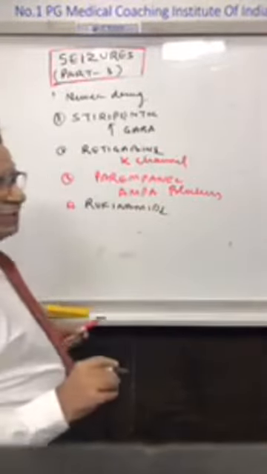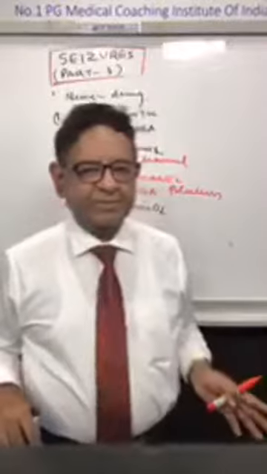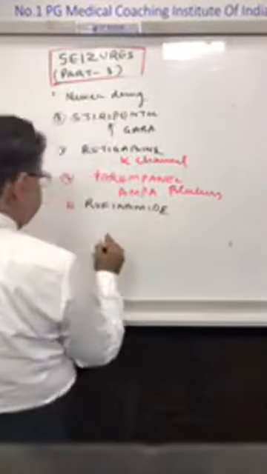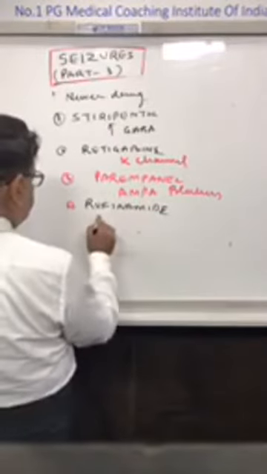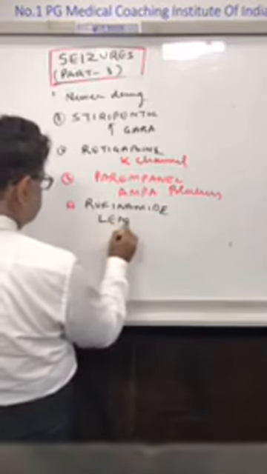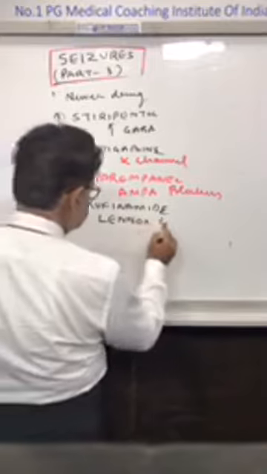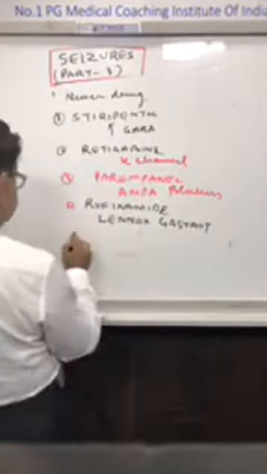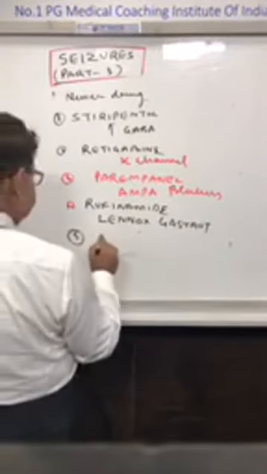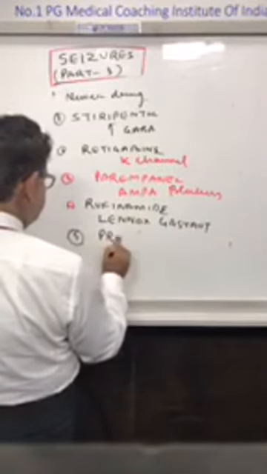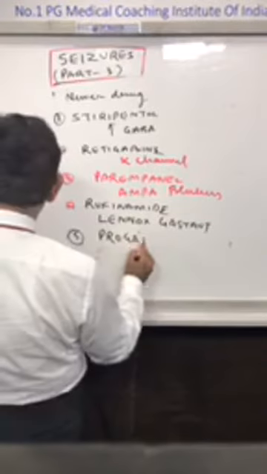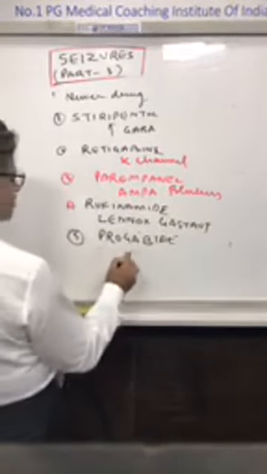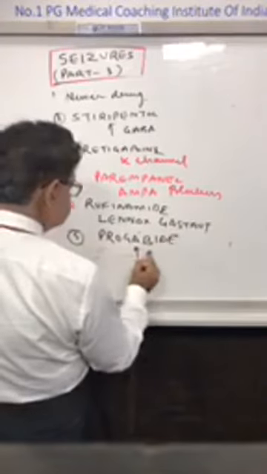In fact, this question came 2 years back in the AIIMS exam. Rufinamide, we use for Lennox-Gastaut syndrome. And of course we have progabide. It also increases GABA.